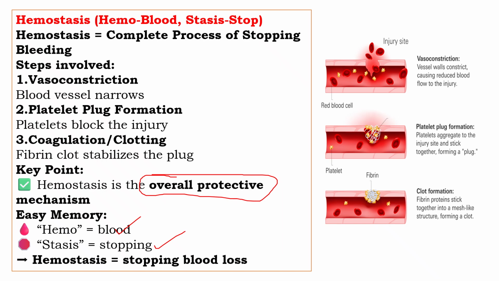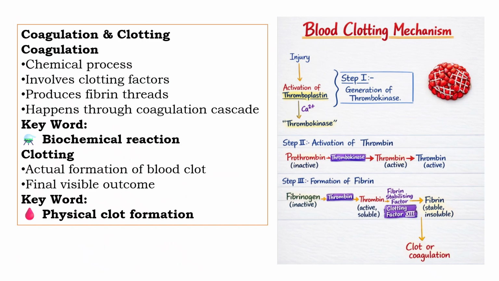Now let us understand what we mean by the term coagulation or clotting. So coagulation is a chemical process that involves multiple clotting factors like thromboplastin, prothrombin, thrombin, fibrinogen, fibrin, etc. So it involves different clotting factors which produce the fibrin threads, and it happens during the coagulation cascade.